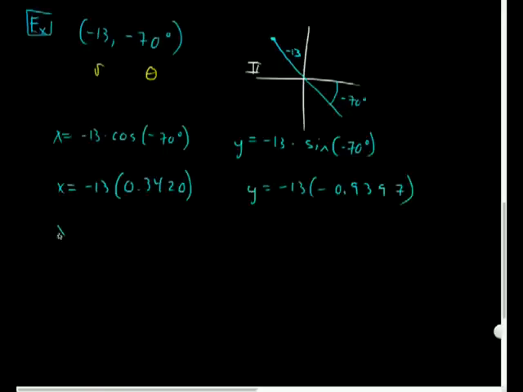So for x, I can get an approximation, multiplying that out, negative 13 times 0.3420, and I get about negative 4.446.